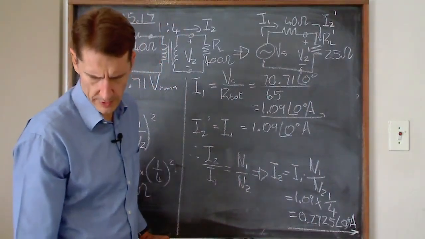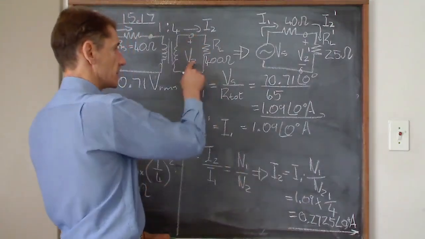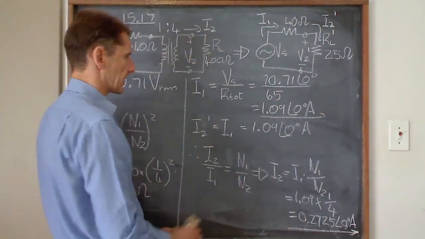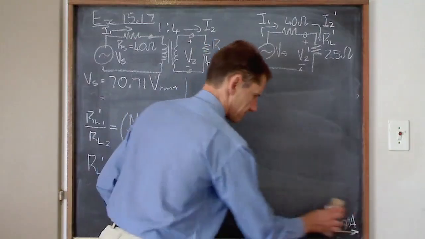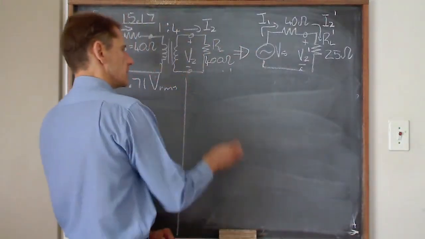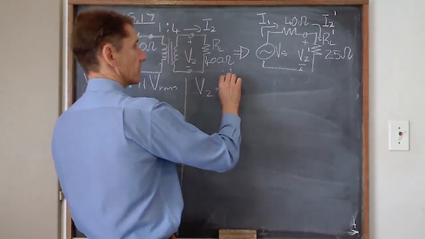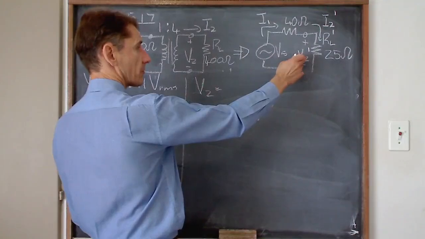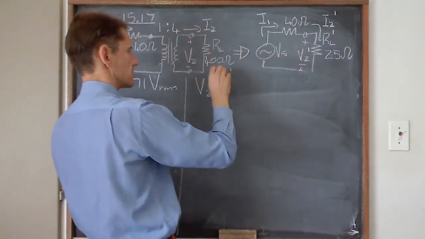What else do they want? They also want V2. Now, there are two ways you can get it. You can get it from V2 prime, but we've already got the prime on this side, so let's just stick with Ohm's law.